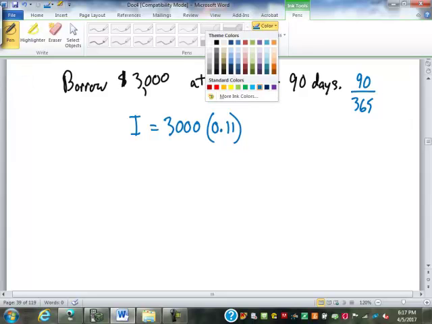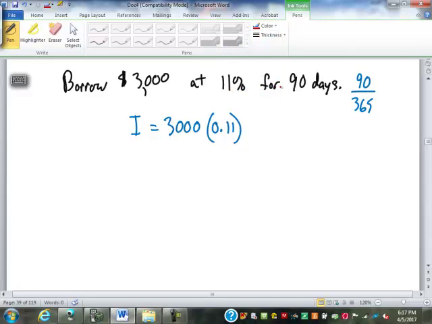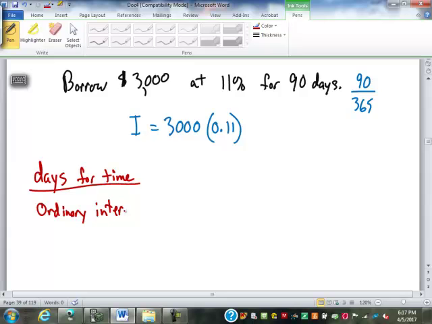There are actually 2 types of interest that can be calculated on the days. When you're using days for your time, there's something called ordinary interest. Ordinary interest is what is ordinarily used, and it is the most common one used. If it does not specify what type of interest, you will assume ordinary interest.